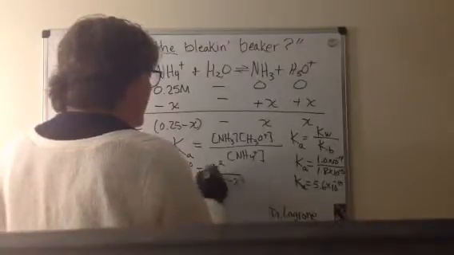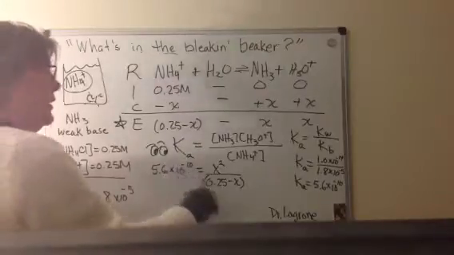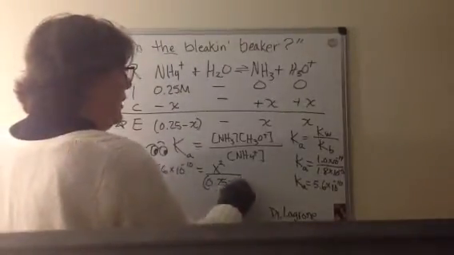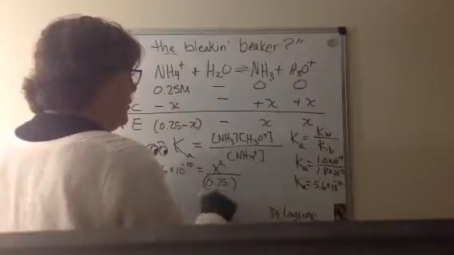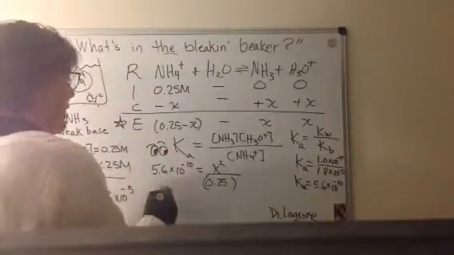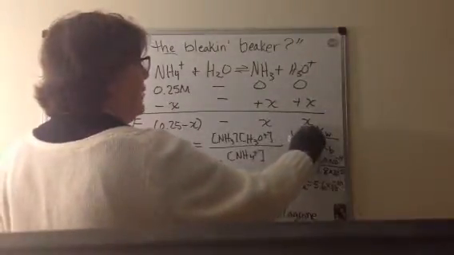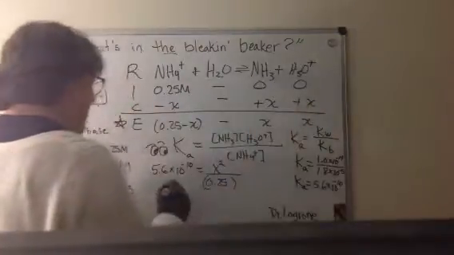0.25 minus X. Remember what we said, hydrolysis constants are very small, and so we know that X is very small compared to the initial concentration of this ion in solution. So we find X, go back and relate it. What is X defined to be? Hydronium ion concentration.